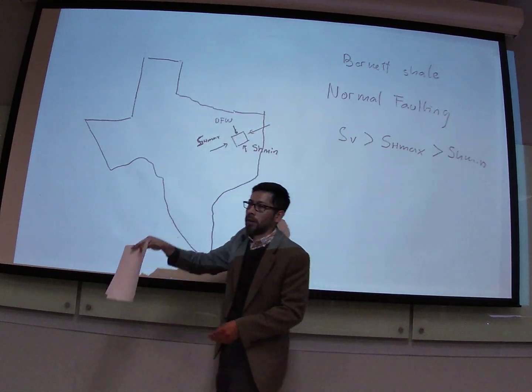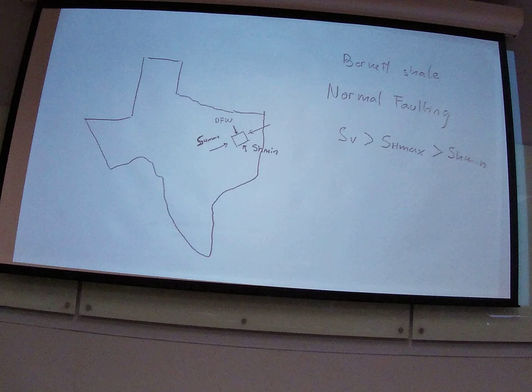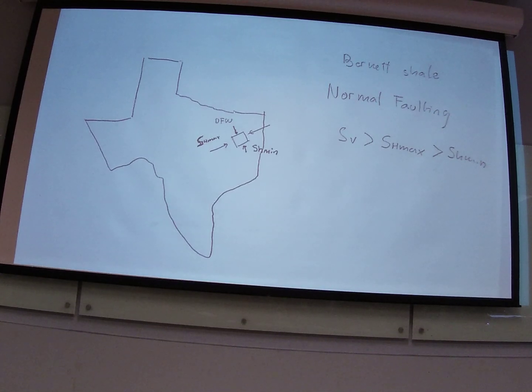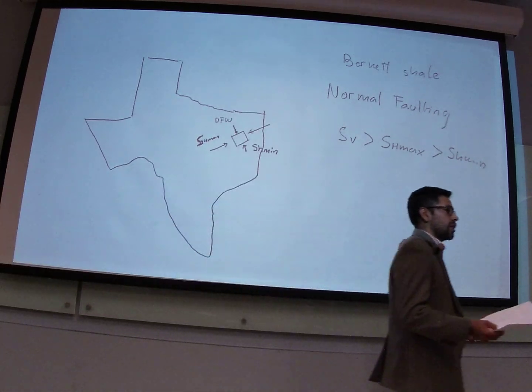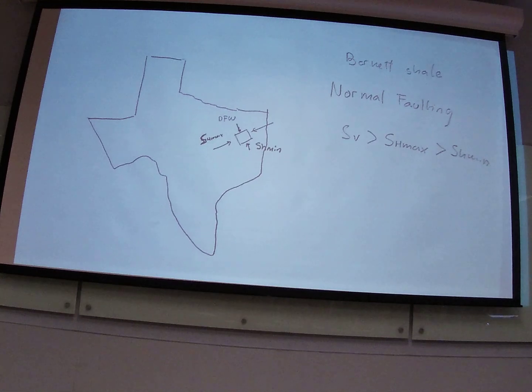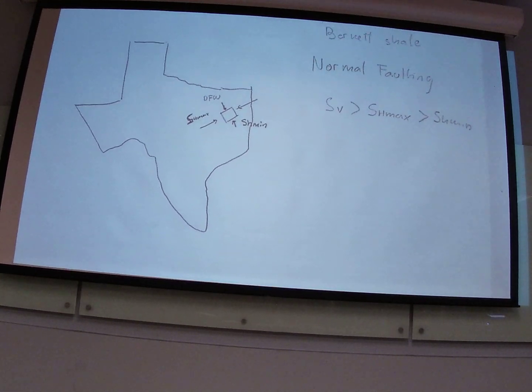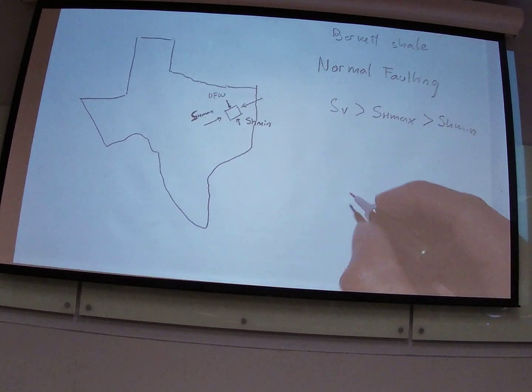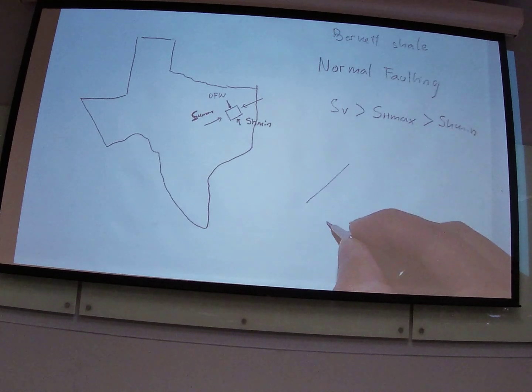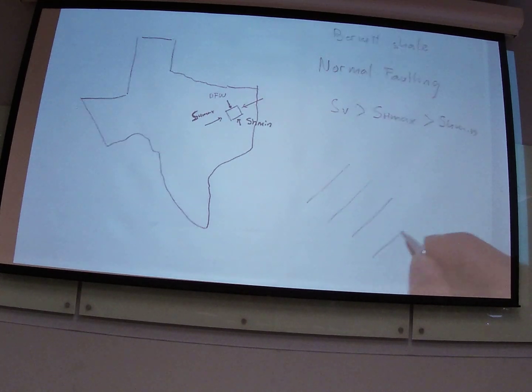And one more thing, based on that, what would be the direction of your horizontal wellbores? Parallel to SH min, if you want to do multi-stage hydraulic fracture. Parallel to SH min. These are going to be your hydraulic fractures.